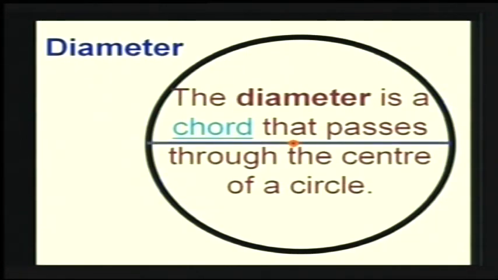Diameter is a chord that passes through the center of a circle. Don't forget, diameter is a chord that passes through the center of the circle. If that line doesn't pass through the center of the circle, then that's not a diameter. Is that clear, receiving students and 70s?